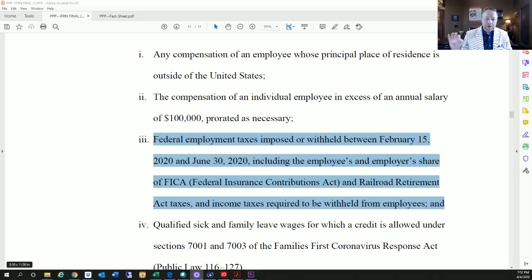Okay, federal employment taxes imposed or withheld, including income taxes required to be withheld. So I just don't think it's a complete sentence. It's not a complete thought. It's not a complete paragraph, so stay tuned. And what do I mean by that?